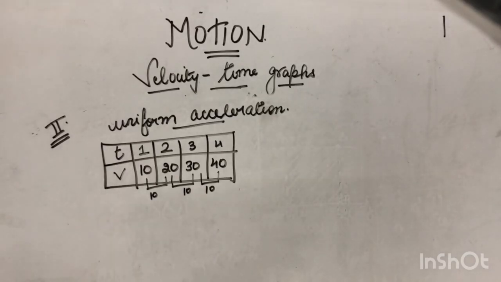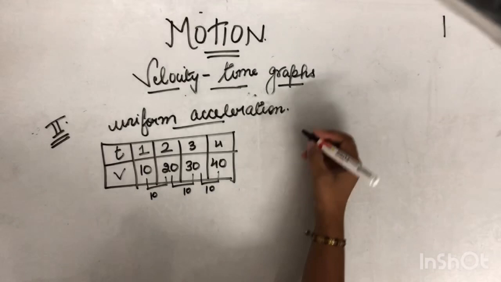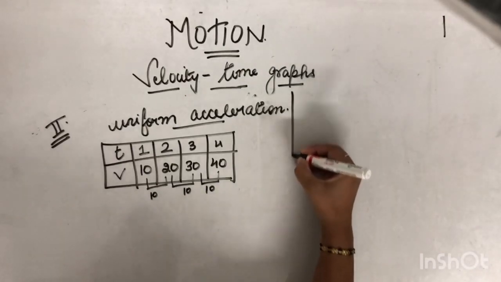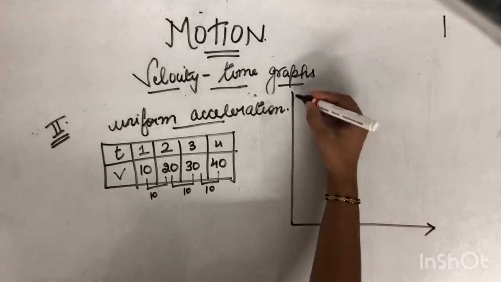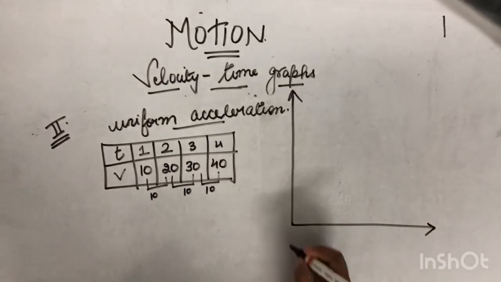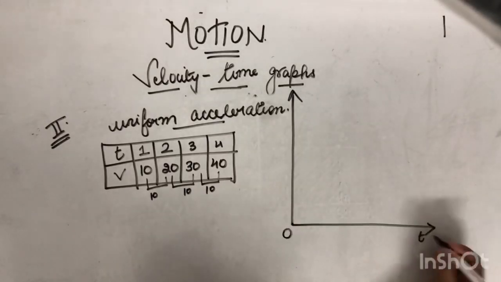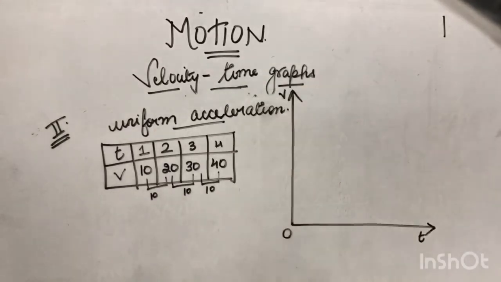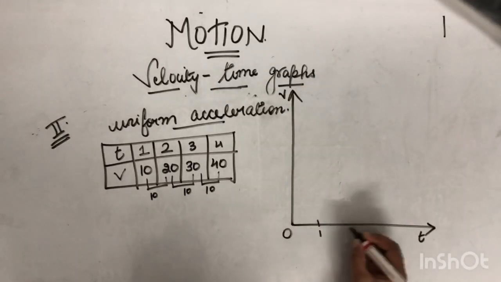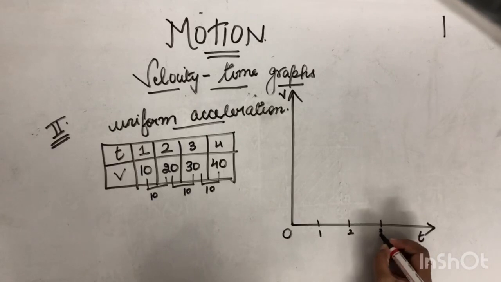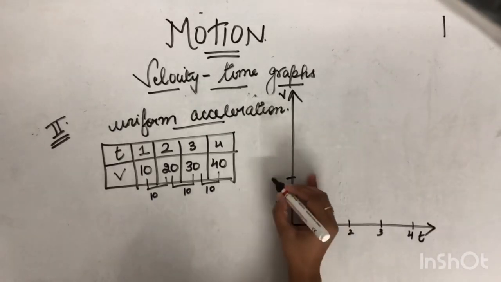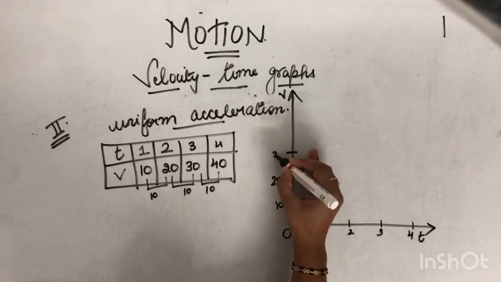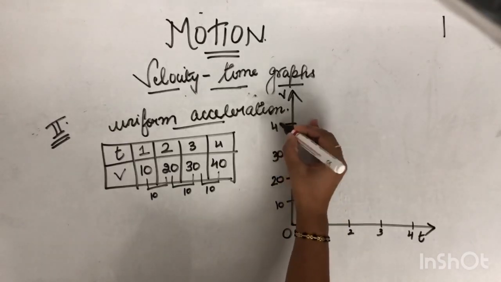Now we'll draw a graph for this. Origin, time axis, velocity axis, 1, 2, 3, 4, and 10, 20, 30, 40.